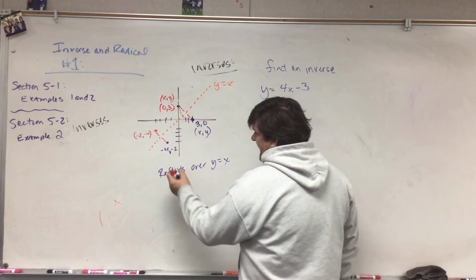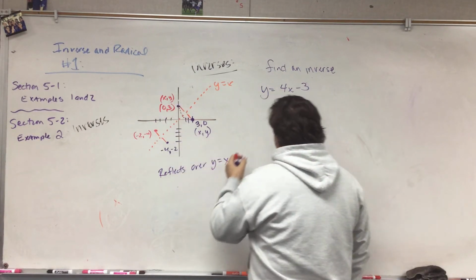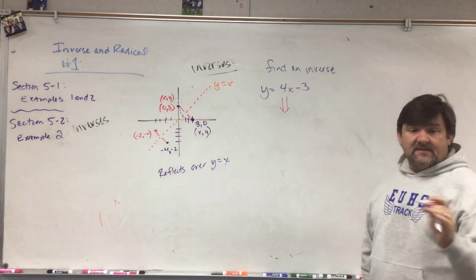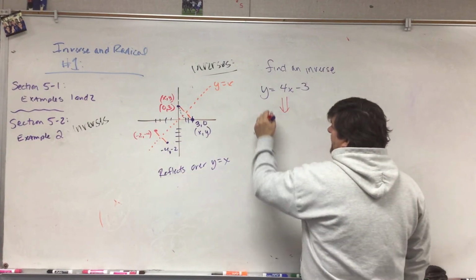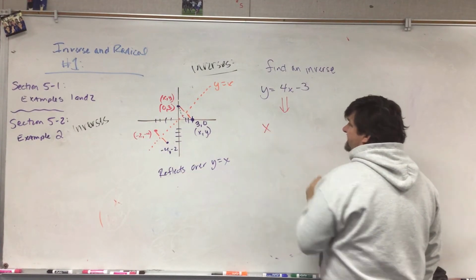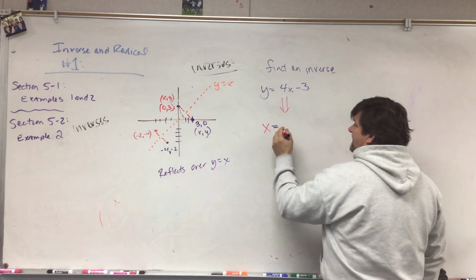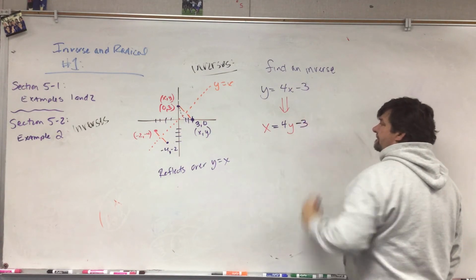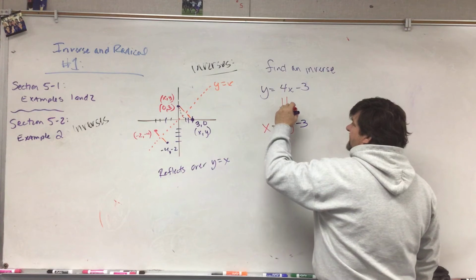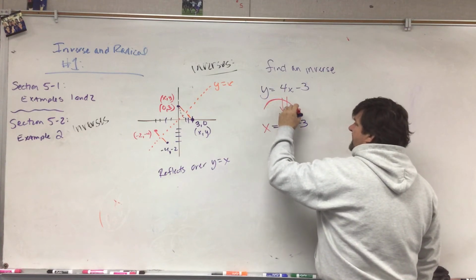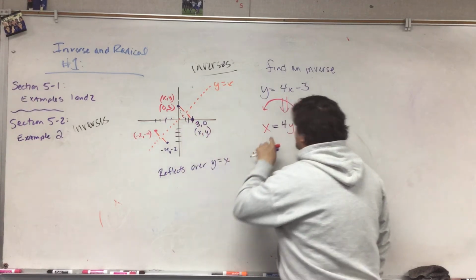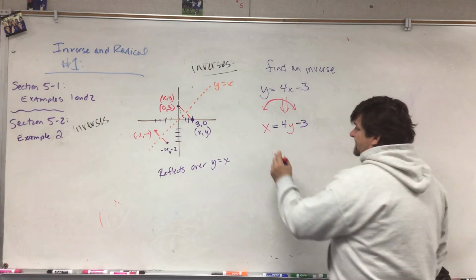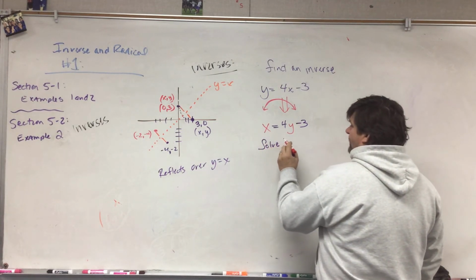The x and the y switch. So my y becomes x, and my x becomes y. When we do the inverse, we just switch across y equals x. Then from there, I solve for y.